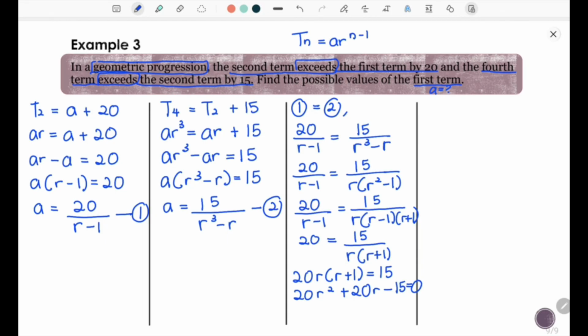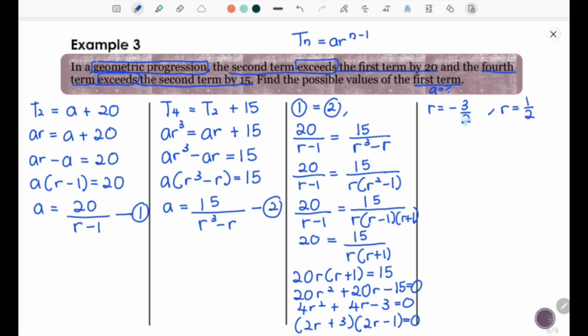Before that, you can simplify the equation to be 4r squared plus 4r minus 3. How you simplify that is you divide this equation by 5. And now you factorize, you should get 2r plus 3 times 2r minus 1 equal to 0. So r equal to negative 3 over 2, or r equal to 1 over 2.